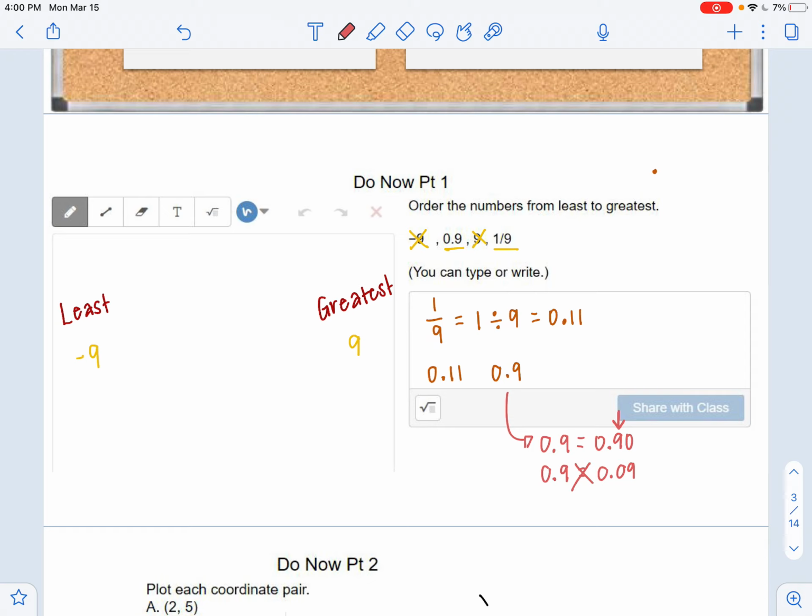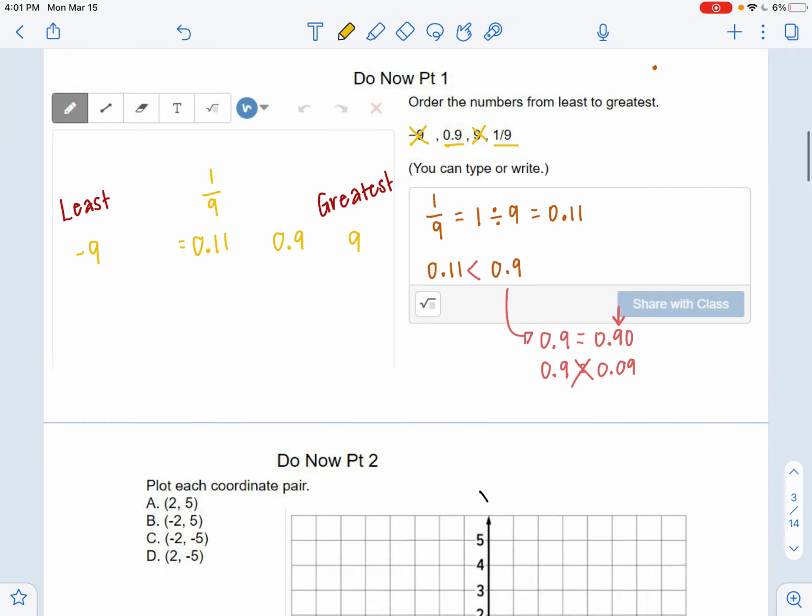So that's all a very long way of saying that 0.9 is greater than 0.11, and when I return to my list, I'm going to want to put 0.11 closer to the least side, closer to the -9, then 1/9, or I'm sorry, 0.11 is 1/9, so you can write it either way. And then after 1/9 or 0.11 would come 0.9. So that was part 1 of our do now, and hopefully helped you review positive and negative numbers.